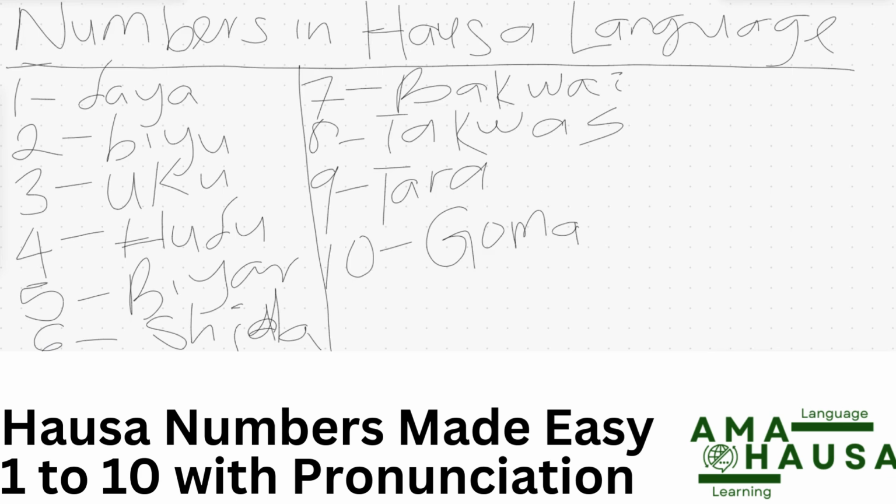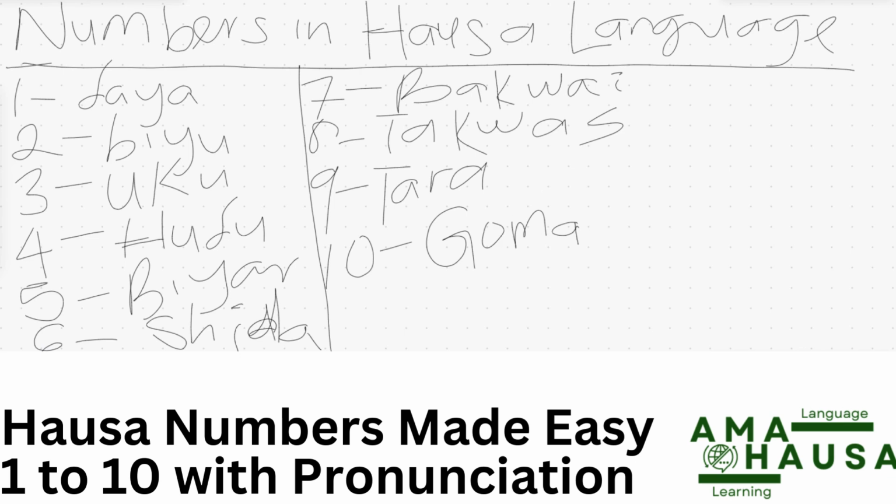Seven is bakwai. Eight is takwas. Nine is tara. Ten is goma. Let's take that again. Daya, biyu, uku, hudu, biyar, shida, bakwai, takwas, tara, goma.